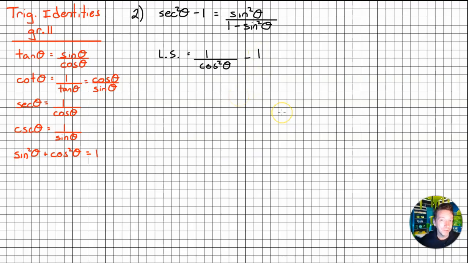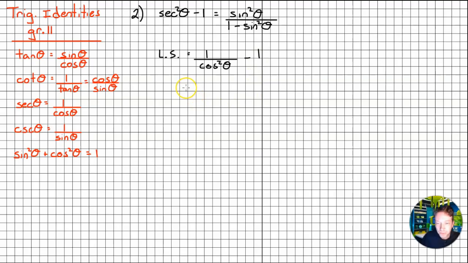Now, when proving trig identities, you're going to need to use all of your algebra skills. You're going to need to be able to expand, simplify, factor, add and subtract fractions, look at common denominators, all of that. So in this case, you can see we're trying to find something that is a fraction with one common denominator.